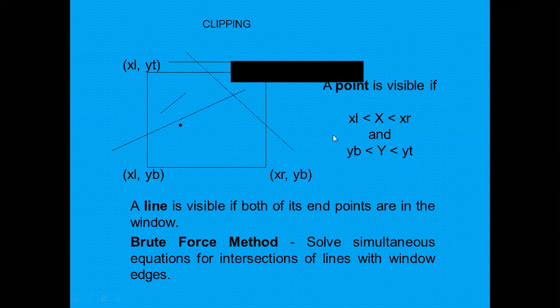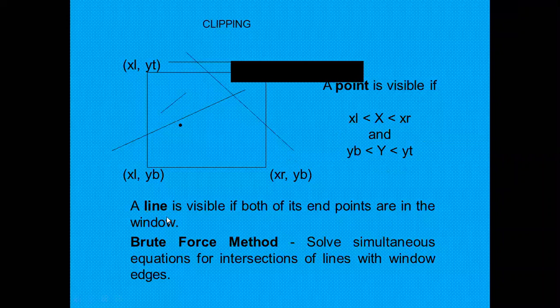We have applied this inequality, then this indicates that the point will be visible because it will lie completely inside the window. So this is the condition.